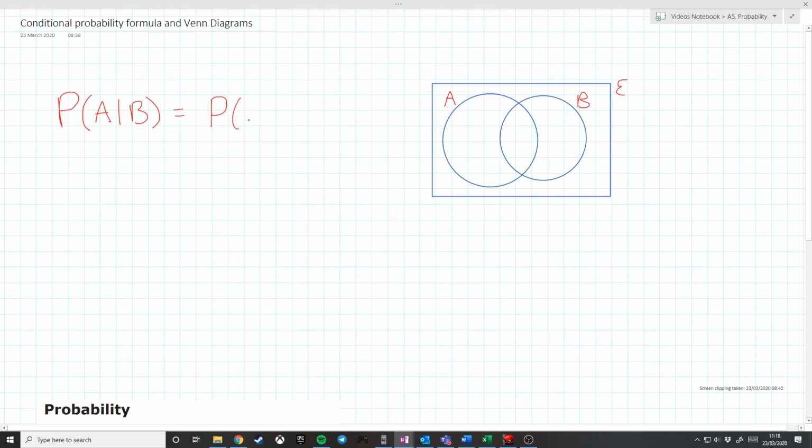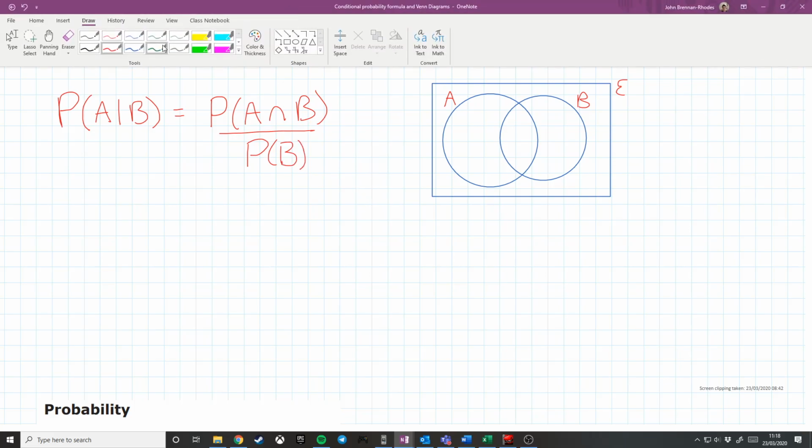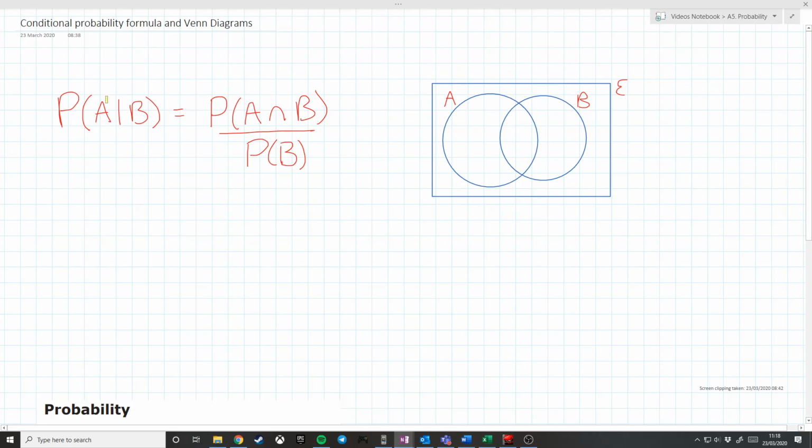It is the probability of A intersect B divided by the probability of just B. And I always think about it as it's the second one. So whatever's second here is what goes second. It goes on the bottom here.